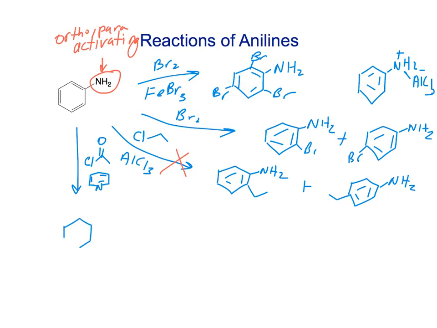And this, instead of a reaction of the benzene ring, is an acyl substitution reaction. So we essentially put what's called an acetyl group on the nitrogen. Okay? So now that we have this amide, is that amide an activating group or a deactivating group?